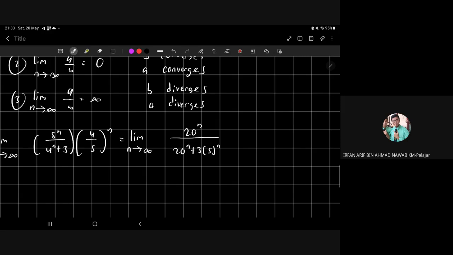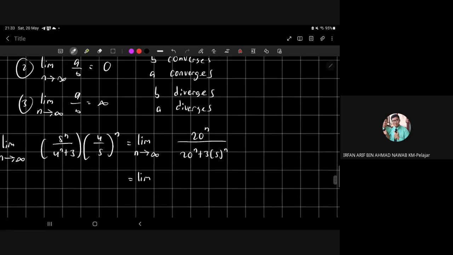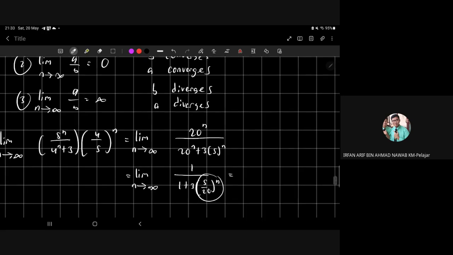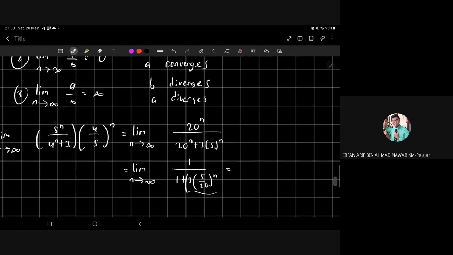So we divide everything by 20 to the power of n. So we have the limit as n approaches infinity of 1 divided by 1 plus 3 times 5 over 20 to the power of n. And this resulting limit, since this is approaching zero, then this whole thing will be zero.